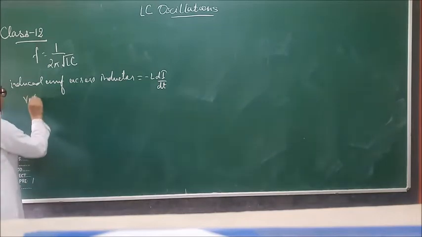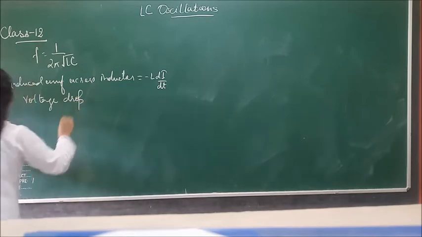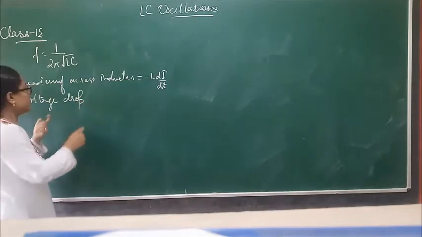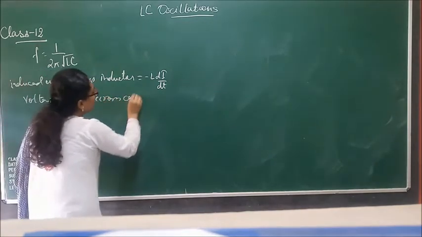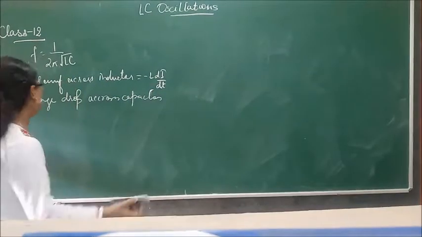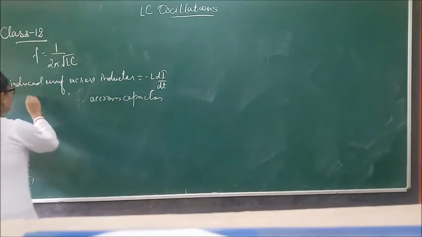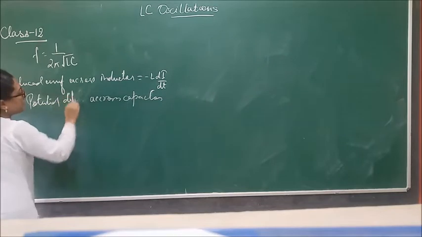And now the voltage drop. What will this be, students? Your potential difference, or you can say voltage drop across the capacitor. It is called voltage drop, and potential difference is written. So that will be the current word. Potential difference.